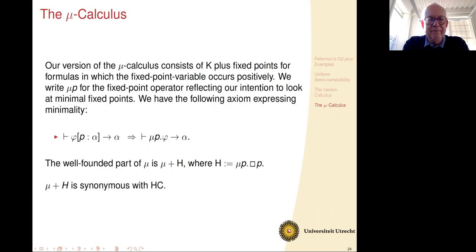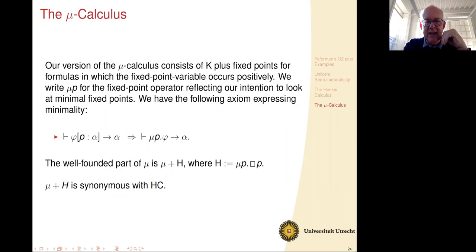And so if you have guarded, then you get the Lbs logic. But as we have seen, if you have guarded more generally, we have the Hankin calculus. But you could also say we look at positive places, and then we have, as a famous system, the mu calculus.